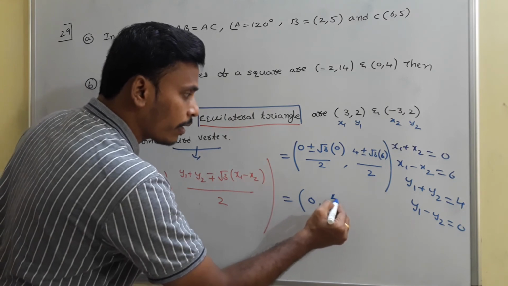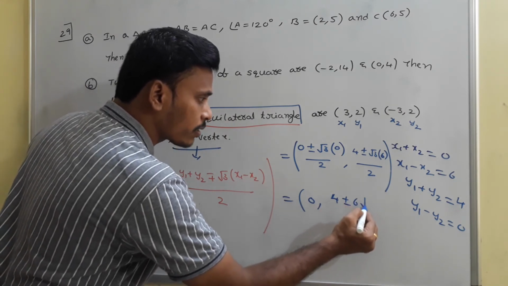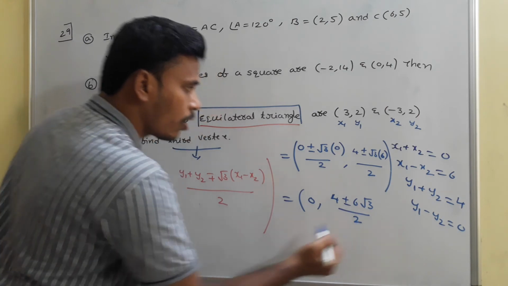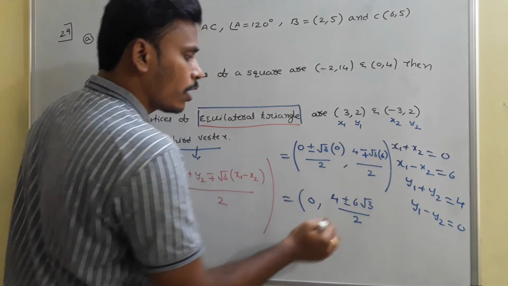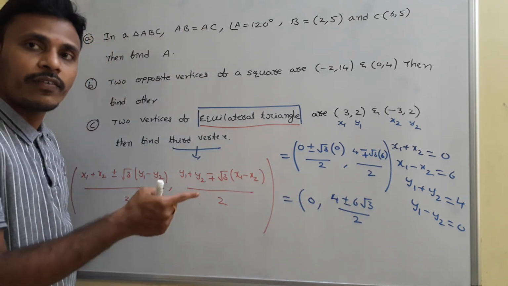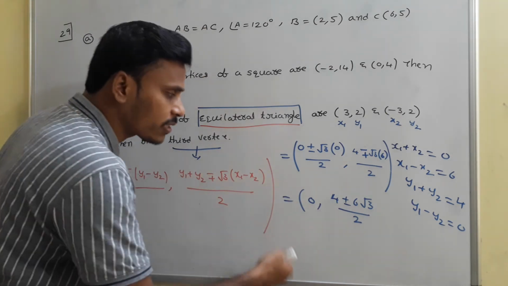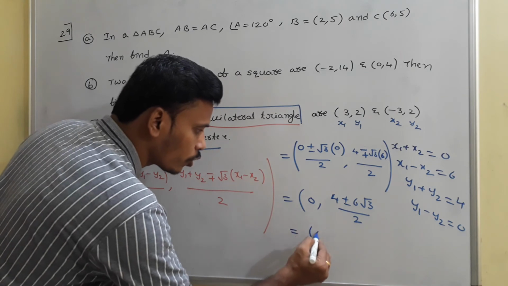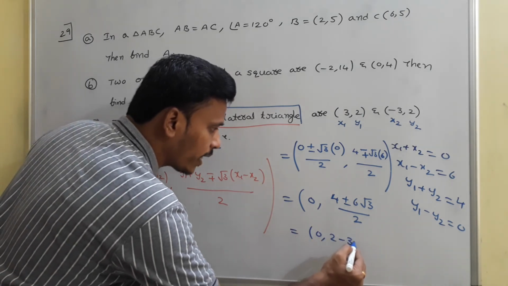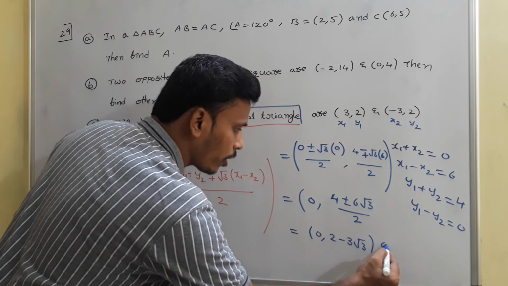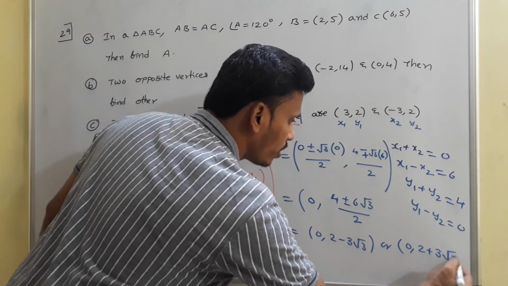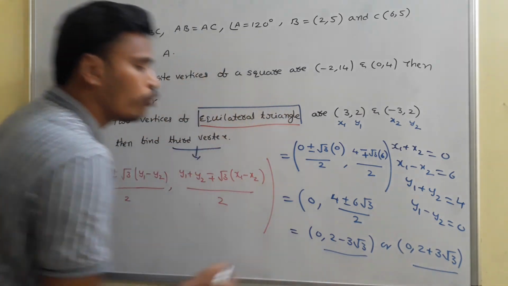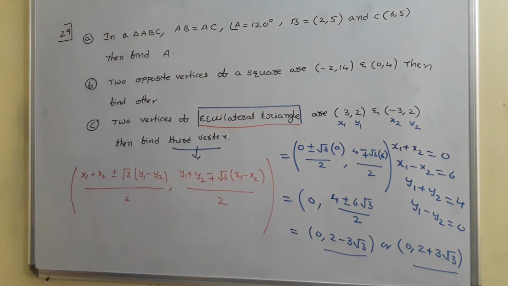Comma, 4 plus or minus 6 root 3 divided by 2, so this is minus or plus. Dividing by 2, it becomes 2 minus or plus 3 root 3. So (0, 2 minus 3 root 3) is one choice, as well as (0, 2 plus 3 root 3) is the other choice. These are the two possibilities for the third vertex of an equilateral triangle.